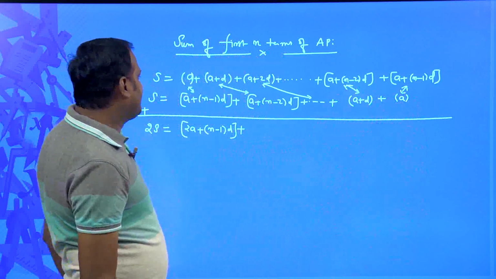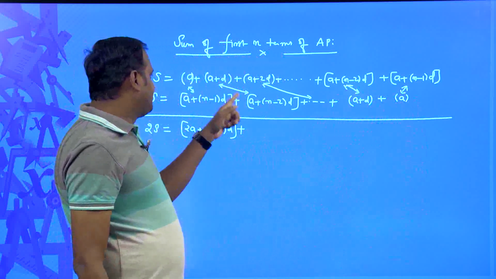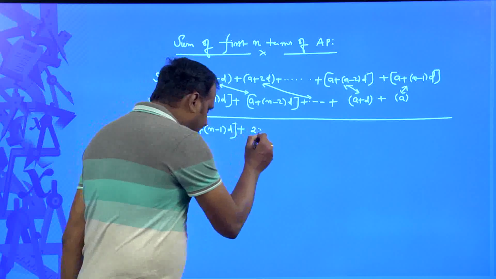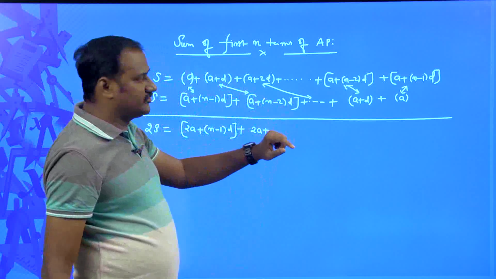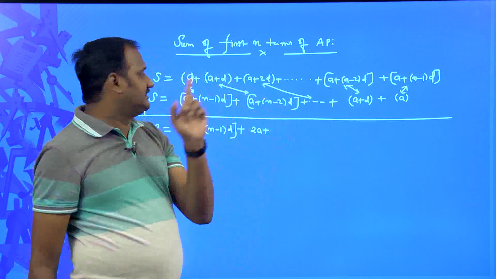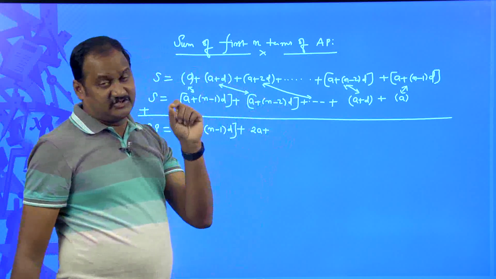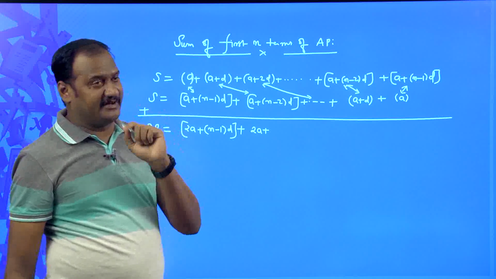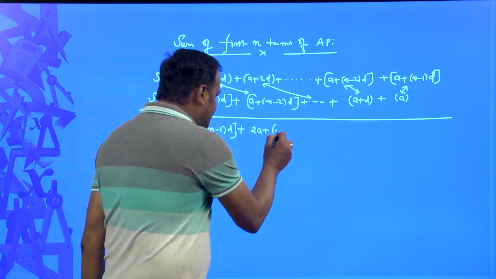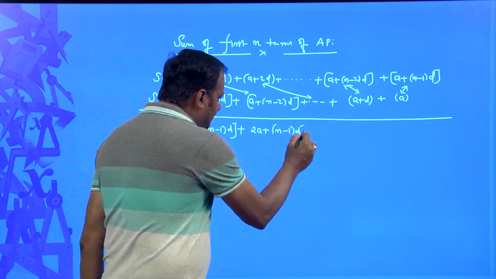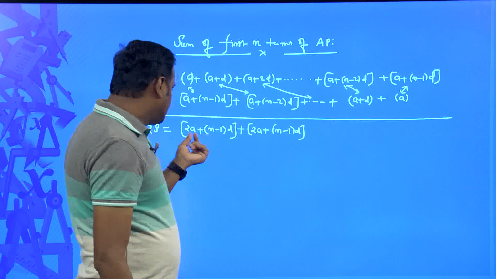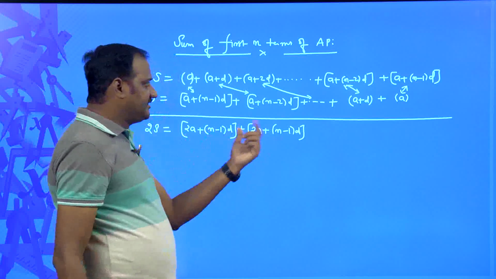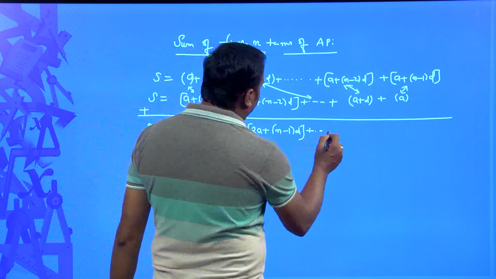So, when you add them, see, second term to second term, A plus A is going to be 2A, plus this is 1D, these are n minus 2 D. So, n minus 2 plus 1 is equal to n minus 1. So, that is n minus 1 times D. Of course, you get the same numbers, right, as we have seen in the previous example. So, 2A plus n minus 1 into D, here also 2A plus n minus 1 into D and so on.